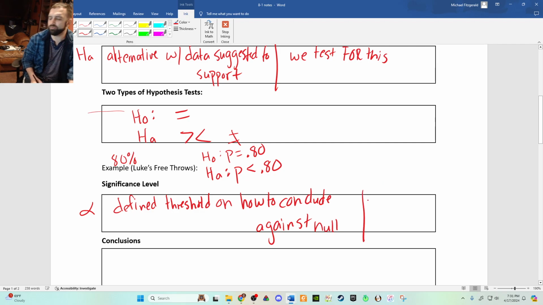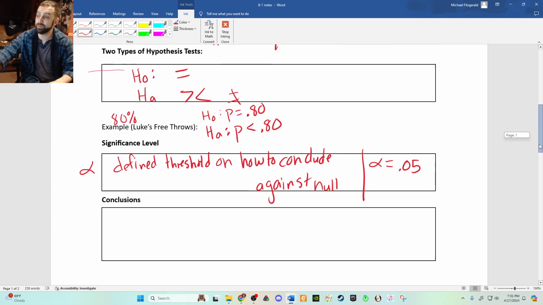Very often, our typical 95% confidence interval is analogous to having an alpha level of 0.05. So we want to be 95% confident with our result.